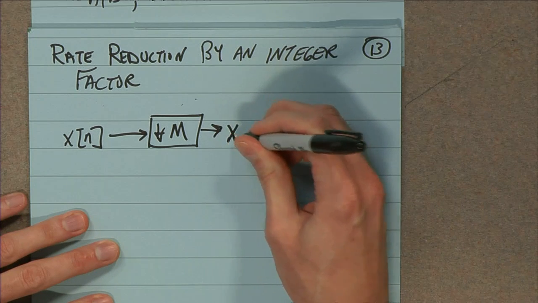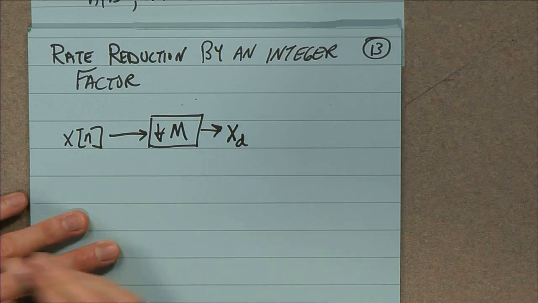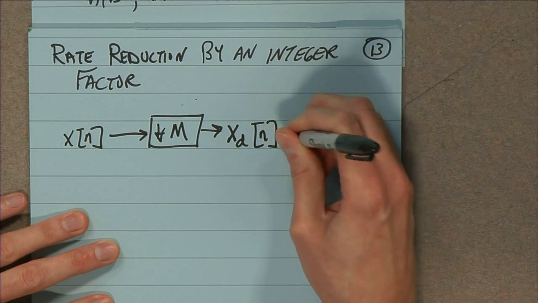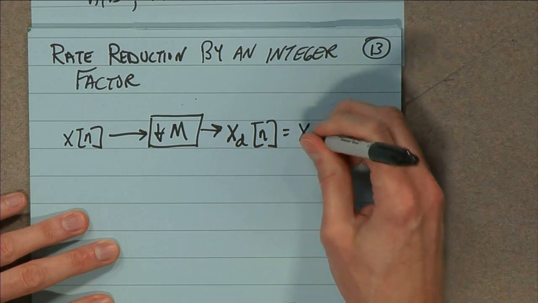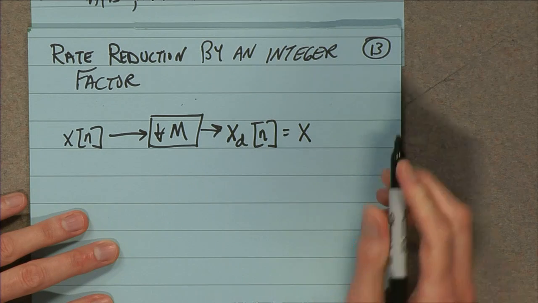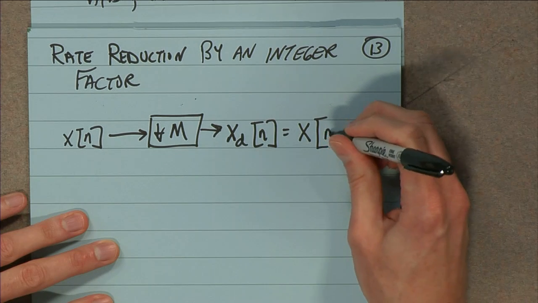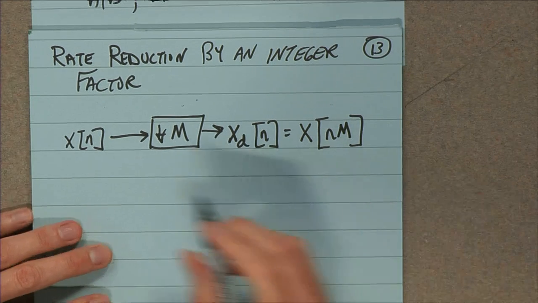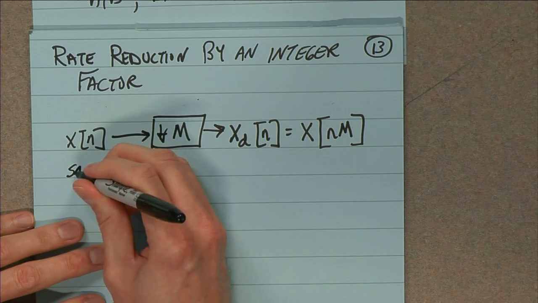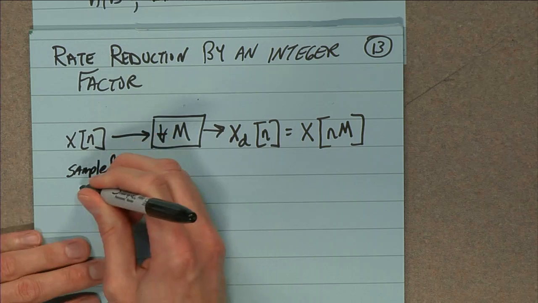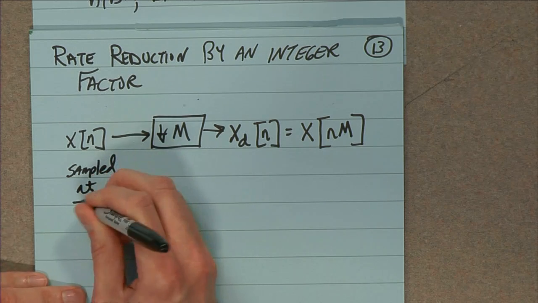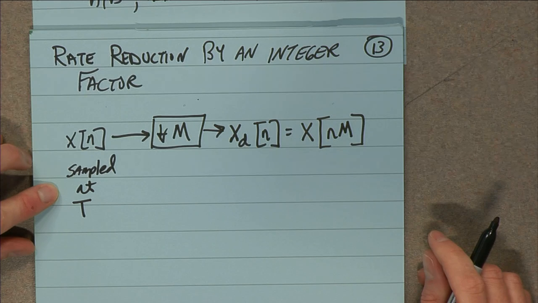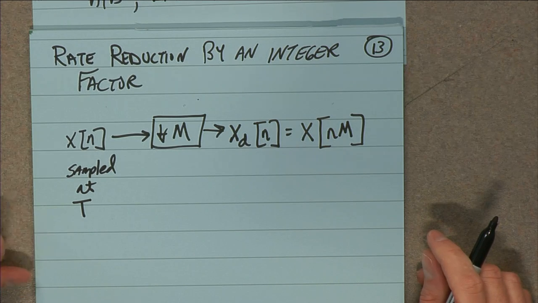And some of our nomenclature here, x_d, the d for downsample. And really that equals x, our original sample, but now we're taking every Mth sample. So this one is sampled with period T, or sampled at rate 1 over T, or every T seconds.